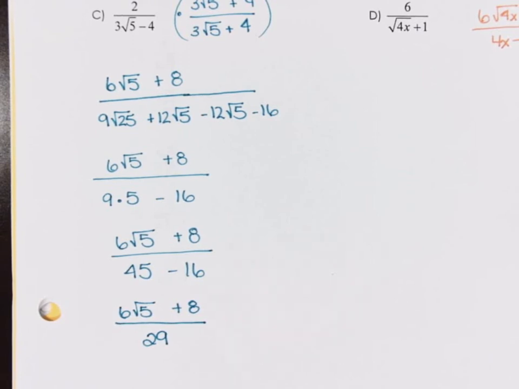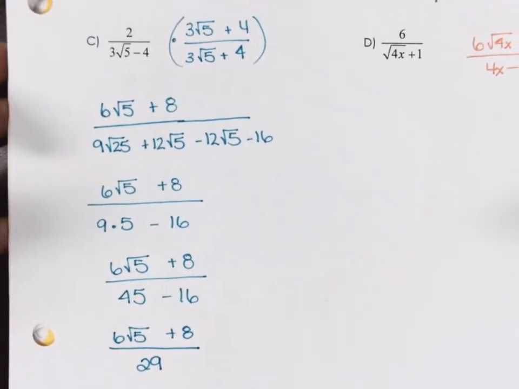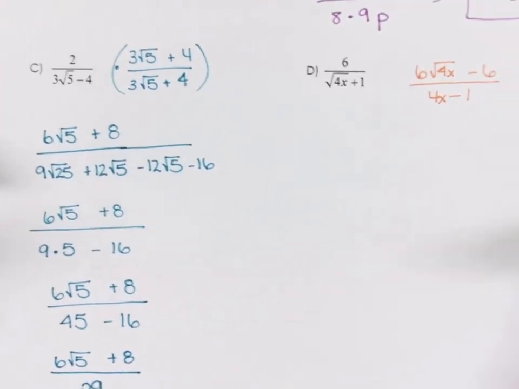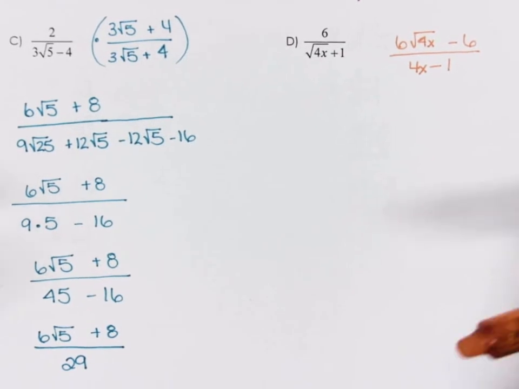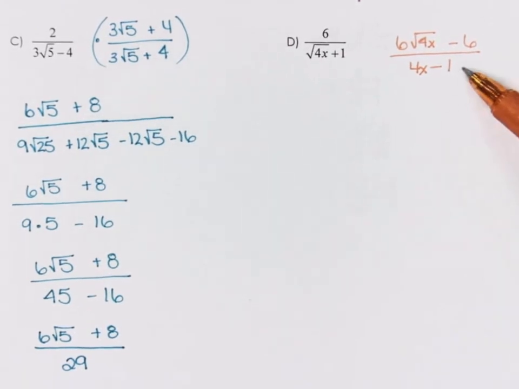Okay. So the other two examples, I think you guys are capable of doing on your own, but I do want to show you the answers for the examples because I'd like you guys to do them. Okay, so D, just while we're here, that's the answer for D. So copy that down real quick.